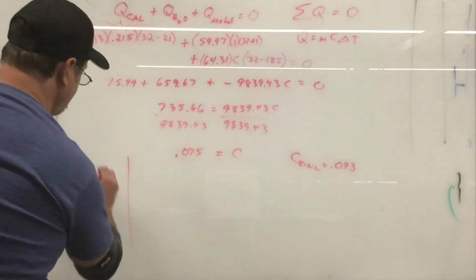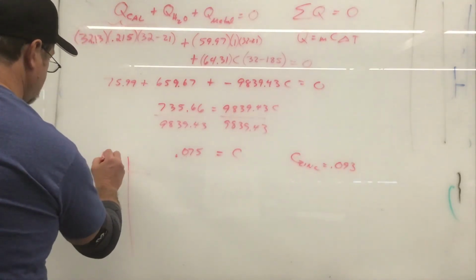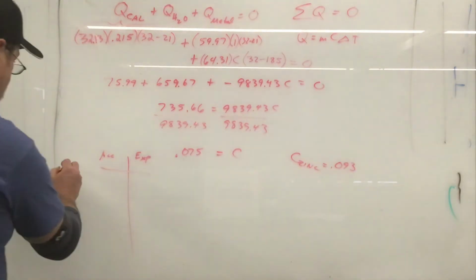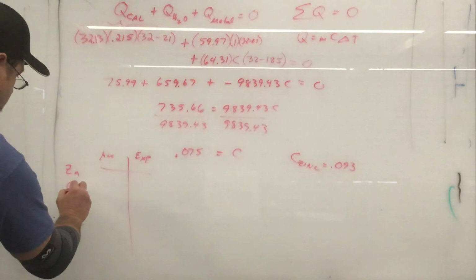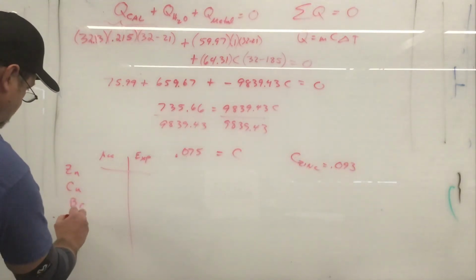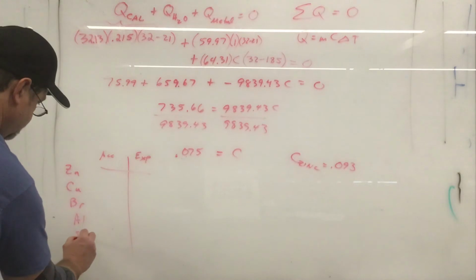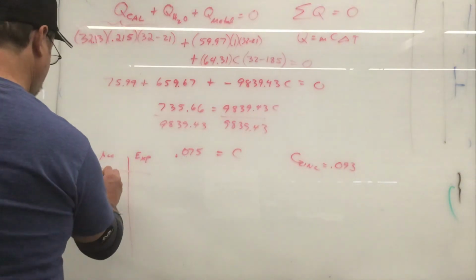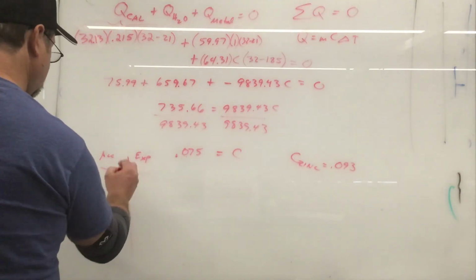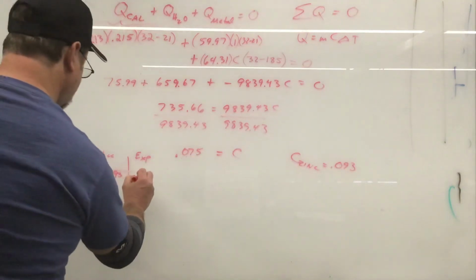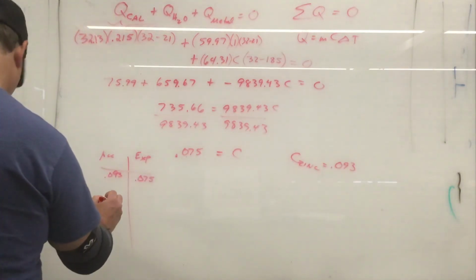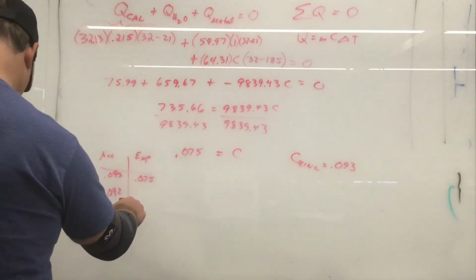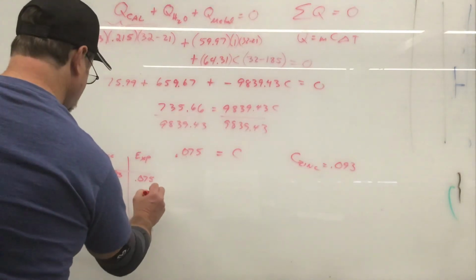So if I made a table of accepted value and experimental value, and I had zinc, and I had copper, I had brass, I had aluminum, and I had steel. What I got from the values, I got the accepted of 0.093 here, and I'll double check that in just a second. And I calculated 0.075 for zinc. For copper, 0.092, and I calculated 0.060.